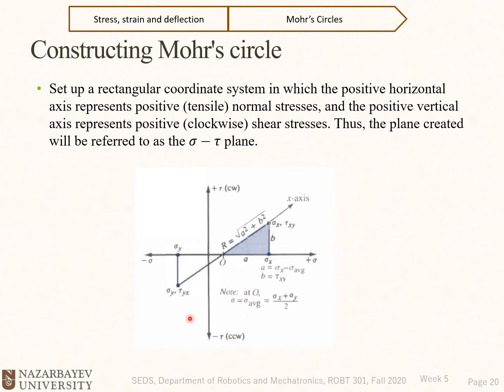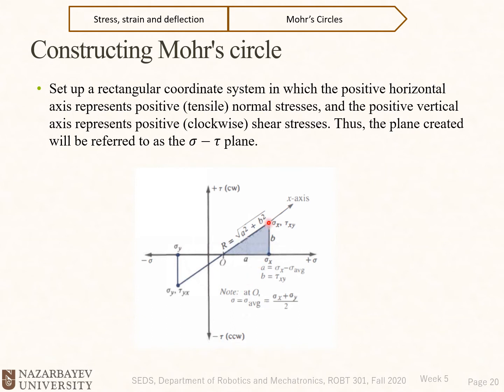And we had tau yx, which was also negative. So you see, we are in the third quarter of the coordinate system. Okay, so the next step is basically to locate these two points, A and B, sigma x tau xy and sigma y tau yx, in the sigma tau coordinate system.